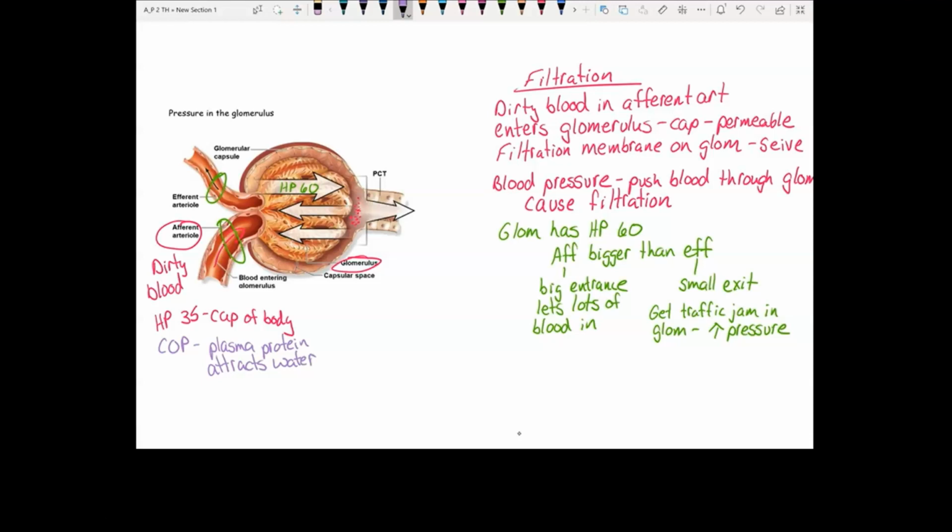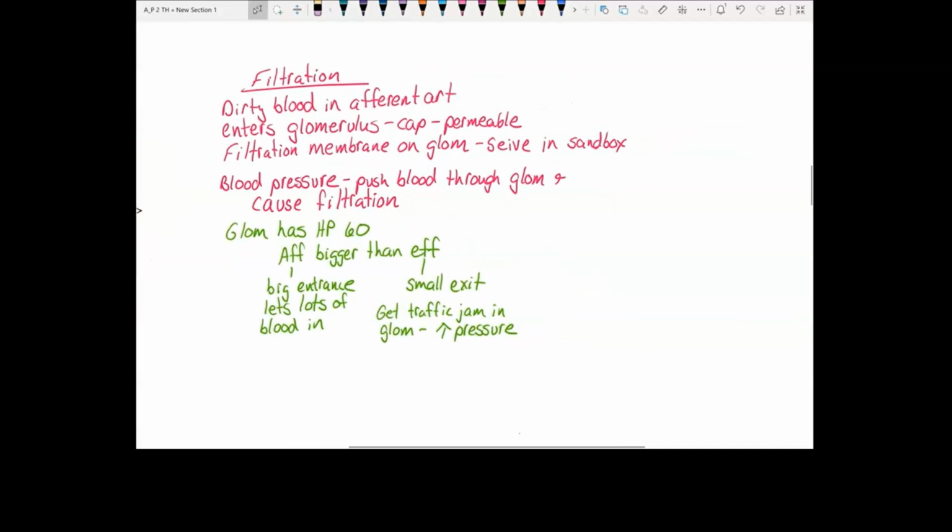So there's still plasma protein in the blood in your glomerulus. So we have a colloid osmotic pressure, and your colloid osmotic pressure is 32. So this is pulling in. Your glomerulus has a colloid osmotic pressure of 32.